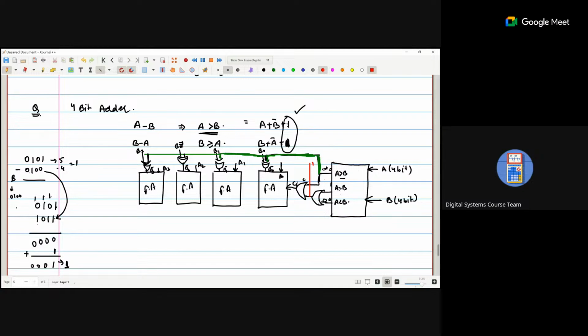Now we take the A bar. So again I just use one XOR. Connect this one with here, and this one is the A. Again use this XOR gate, connect A1 with this one.